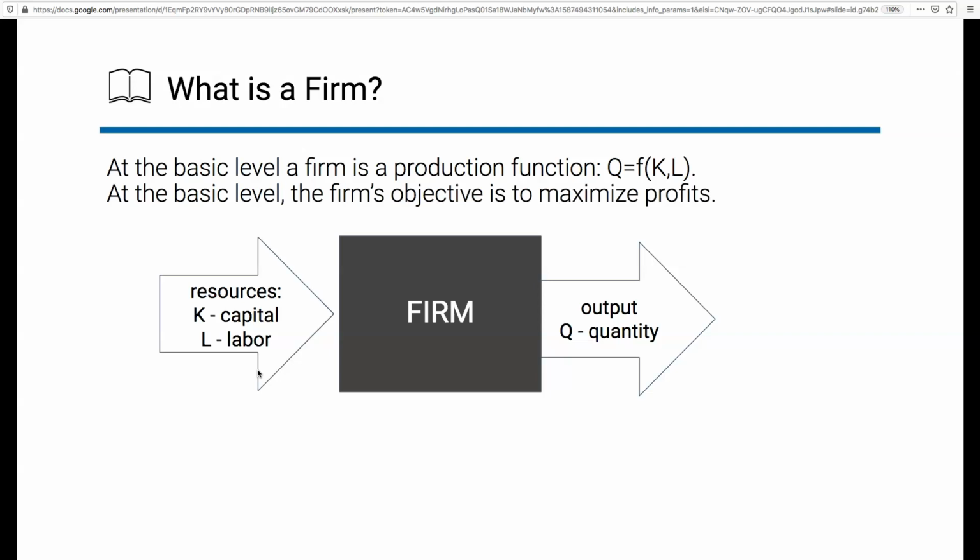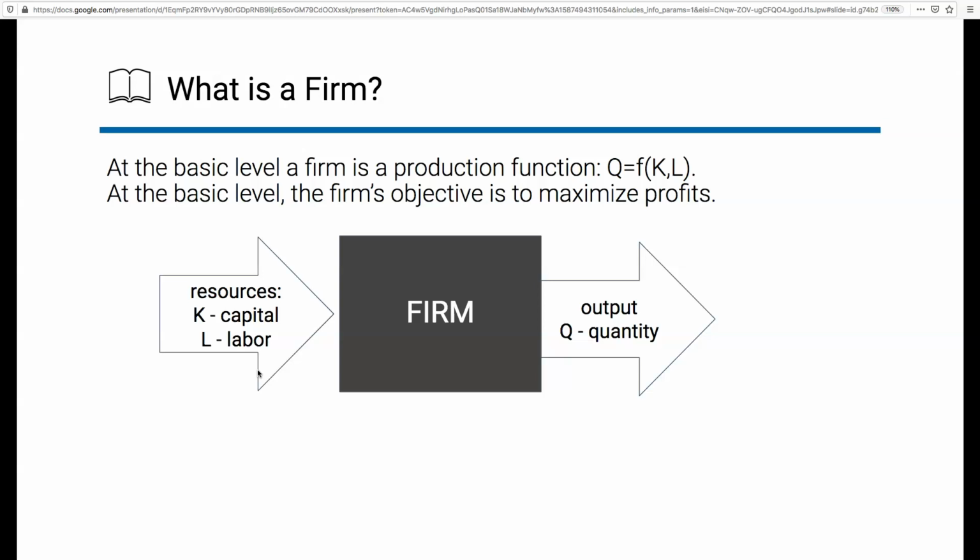Similarly, at the principles level, you should be familiar with the firm's objective, which is to maximize profits. So again, you can argue that there are different kinds of firms operating in the world, and not necessarily all of them are only trying to maximize profits by all means, but to make things real simple for our basic analysis, profit maximization makes perfect sense.